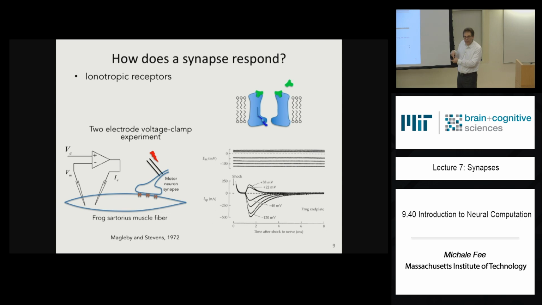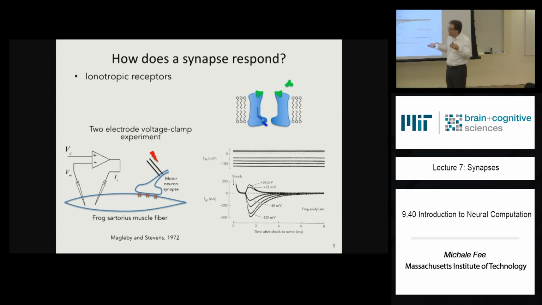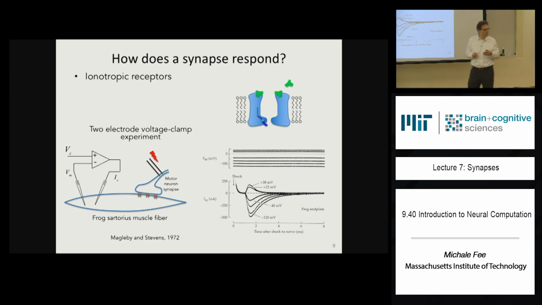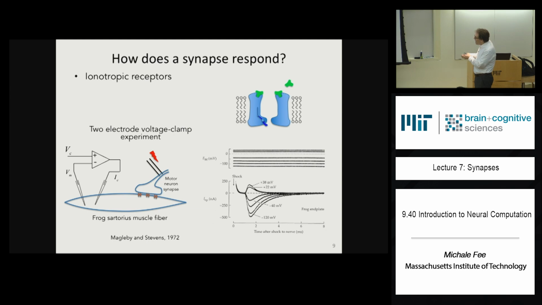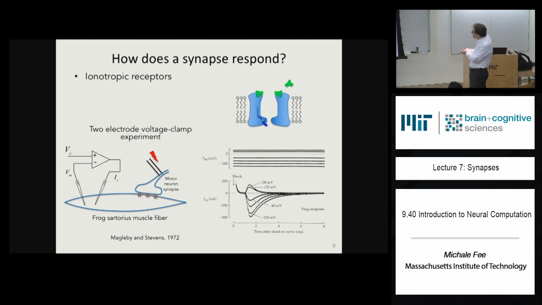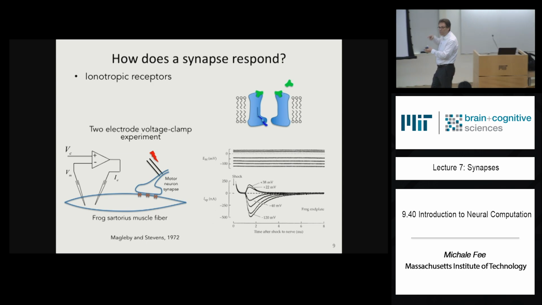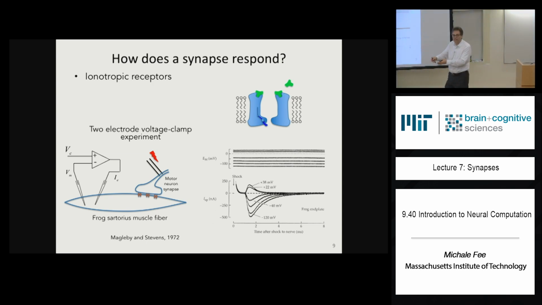Remember, inward current, negative current, corresponds to positive ions going into the cell. So after you activate the motor axon, you get a large inward current that lasts a couple milliseconds. That corresponds to current going into the cell that would depolarize the cell and activate it, right?